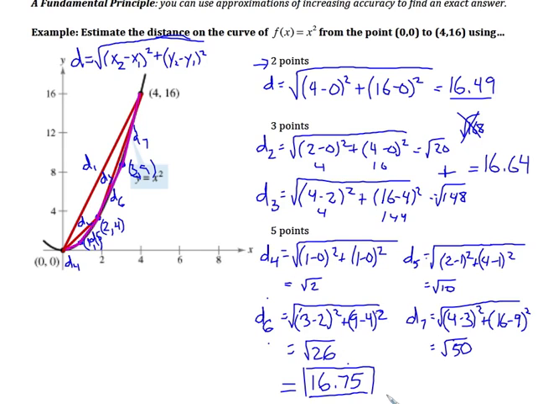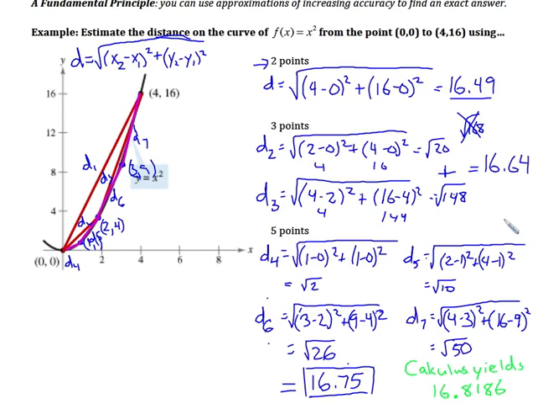Now it turns out that calculus actually yields a specific answer, an exact answer, of 16.8186, and that would be rounded to 4 decimal places.